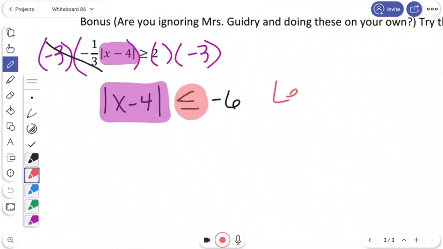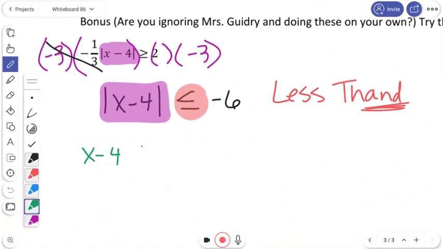This is less than. Less than. Okay, so let's write our two inequalities. The first one is x minus 4 is less than or equal to negative 6. The second one is x minus 4 is greater than or equal to positive 6.